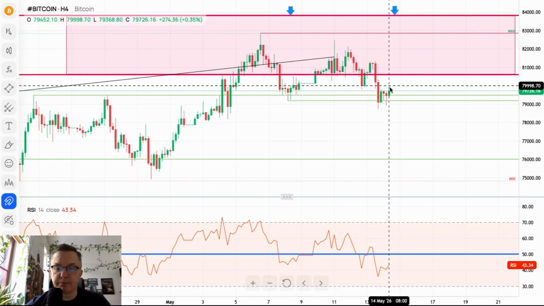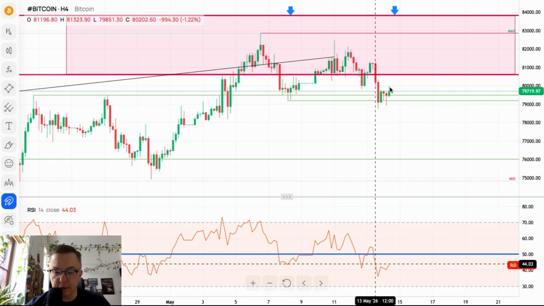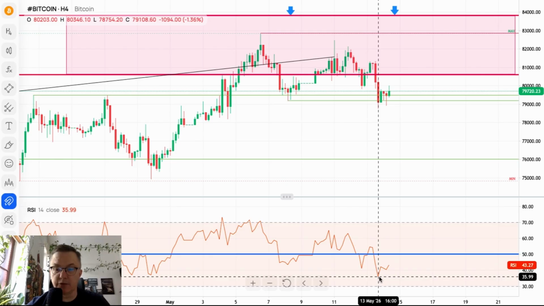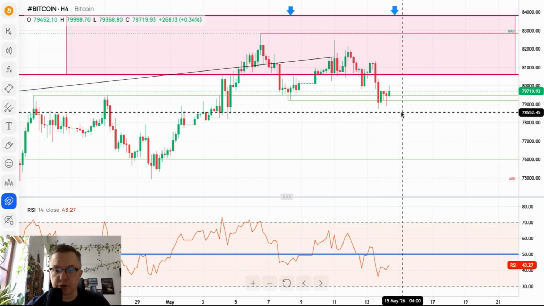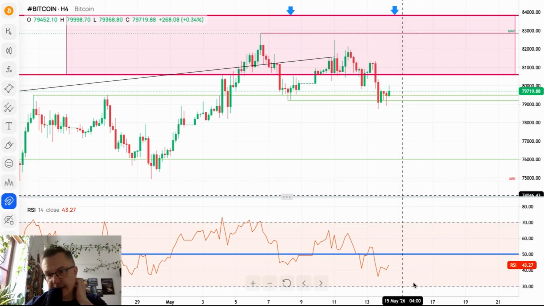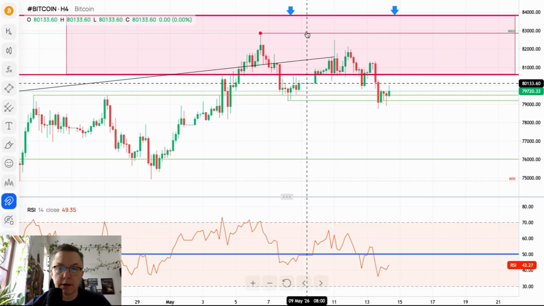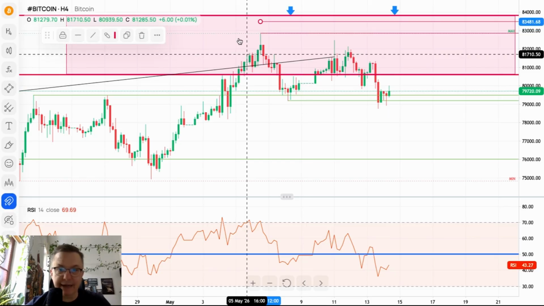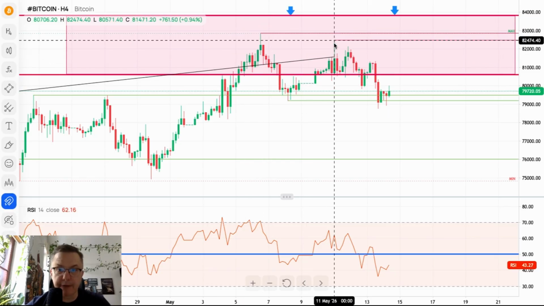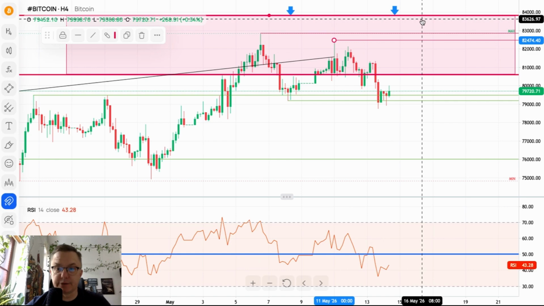78,754. Immediate movement to the upside. We broke below the level of 50, local low 35 points, 36 points. So we might see another push to the downside as the momentum weakens, and then the market will be ready from the technical point of view to continue the upward movement, and for yet another attempt to break above the supply zone.